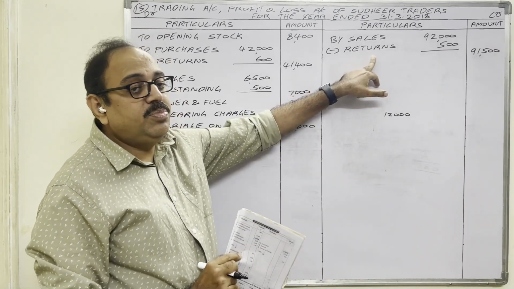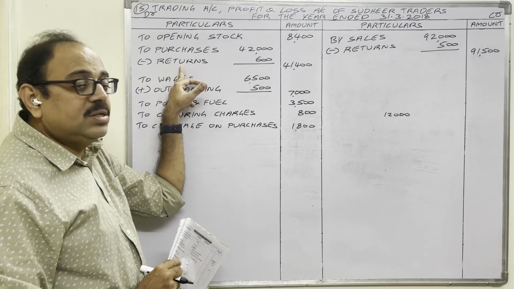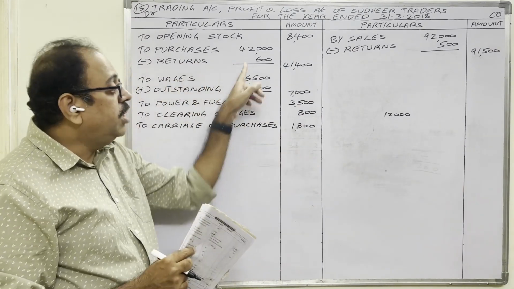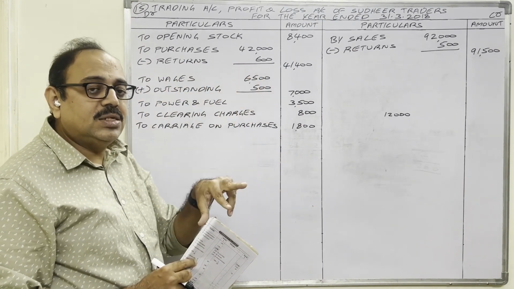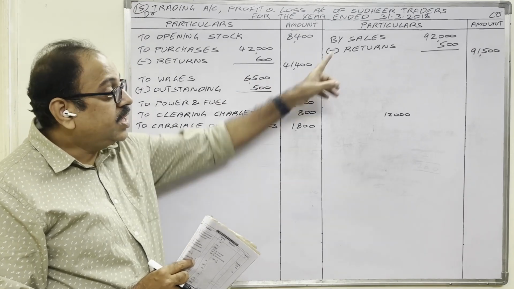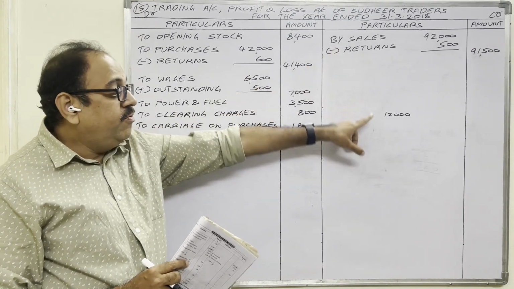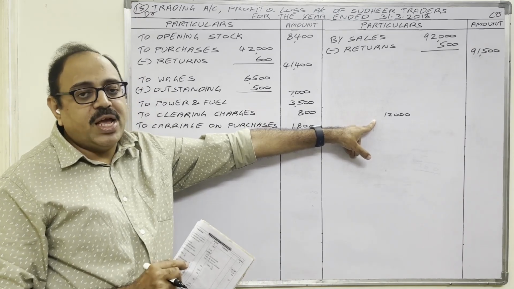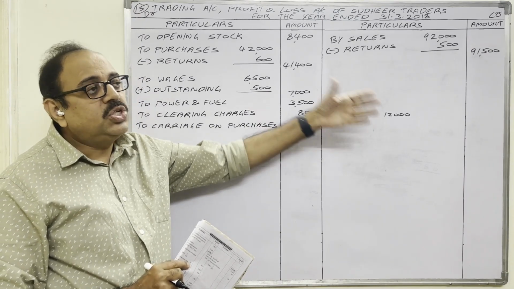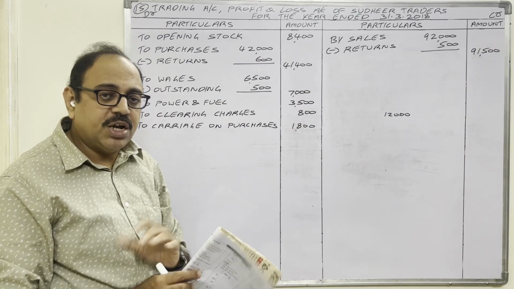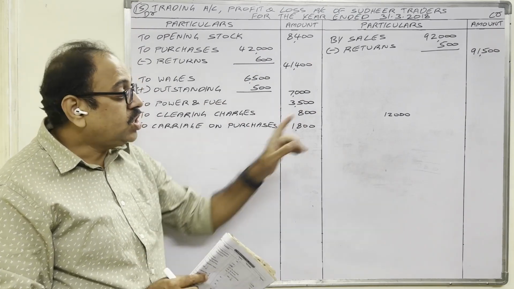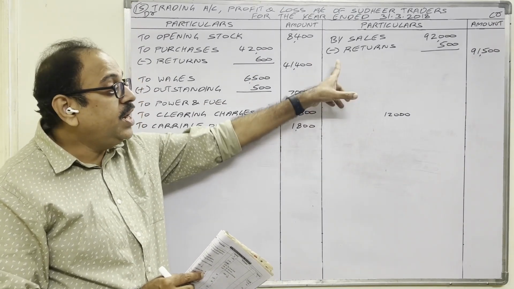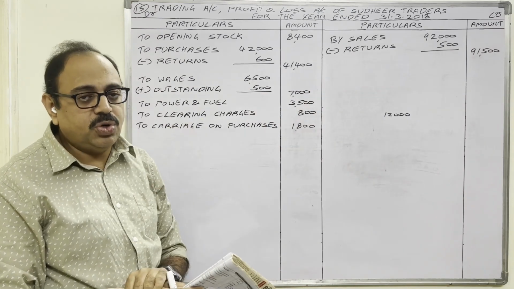Observe, purchases: stock is coming into the firm, debit side we write. Sales: stock is going from the firm, credit side we write. When stock is damaged in a fire accident, then also stock is going from the firm. It gives that meaning only. Therefore, stock destroyed by fire accident, in the trading account, credit side first time we should show.